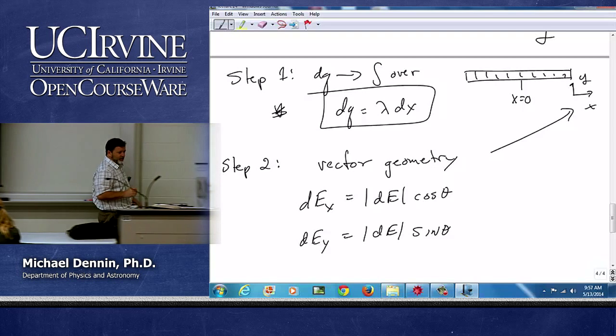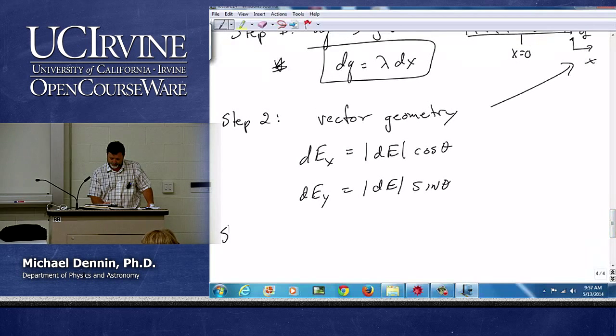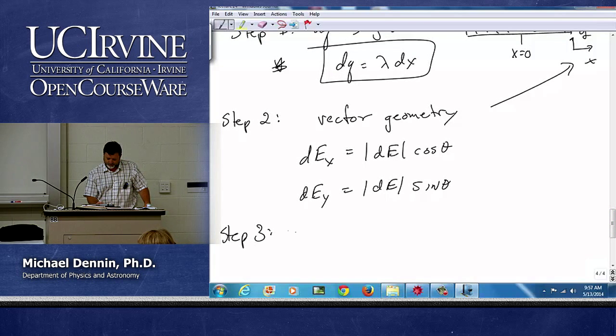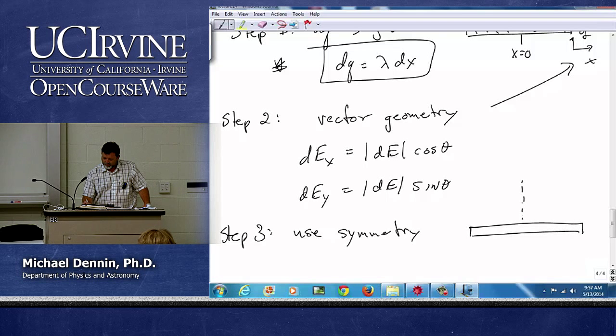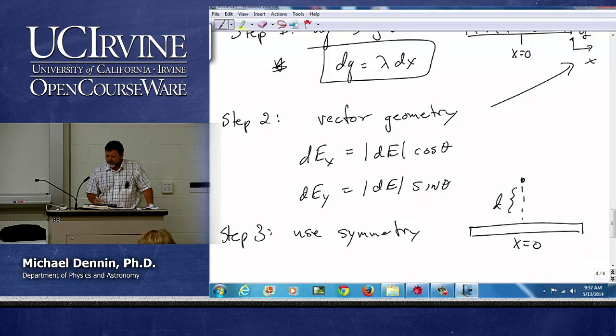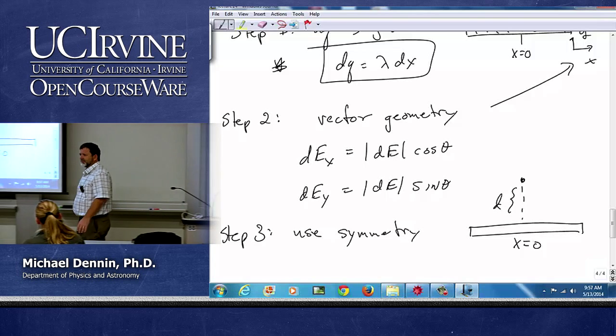This one is nice, because what symmetry are we allowed to use? Right? If I'm specifically looking at points a distance d from the center, what do I know about the electric field at that point when I'm done?